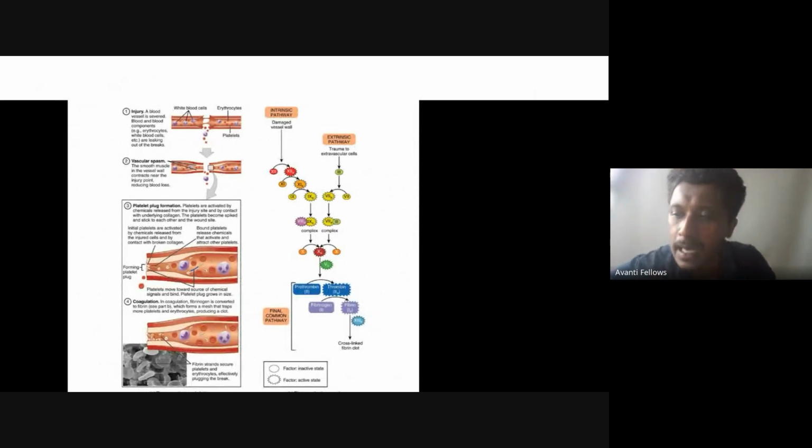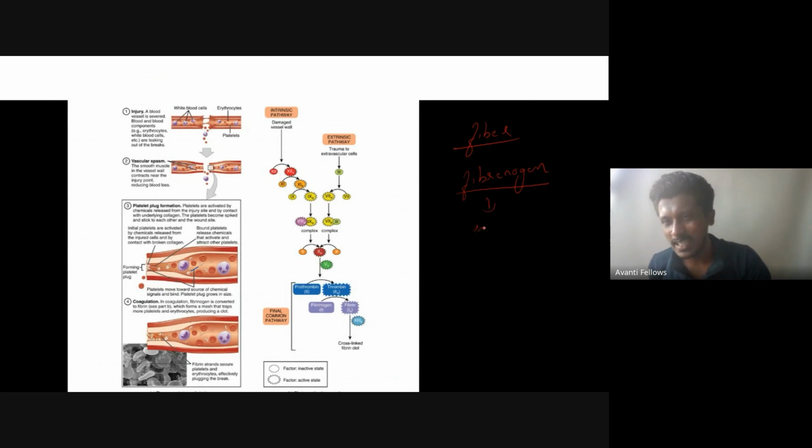See, we have to stitch everything that is damaged. To stitch, we need fiber. We need what? Fiber. Right? So we call it fibrinogen. Fibrinogen is inactive and it is soluble.